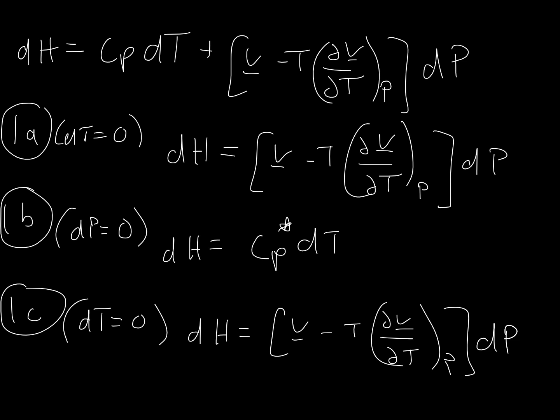So if we put it all together, we can calculate the delta H of a real state change, real fluid, going from P1 T1 to P2 T2. We just add all three steps together.